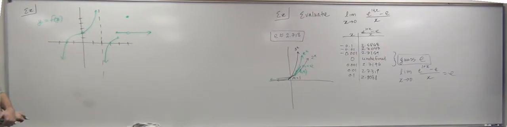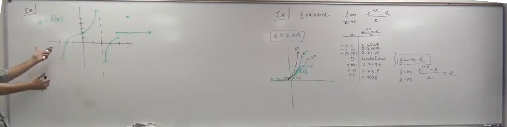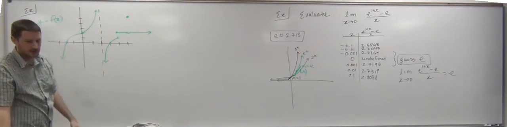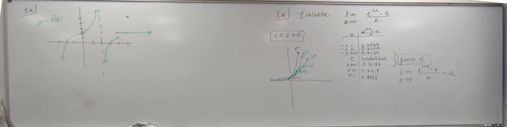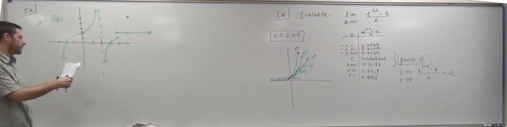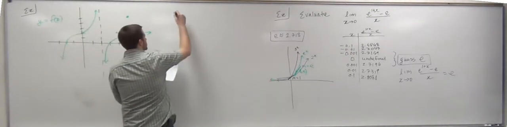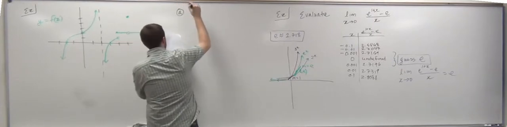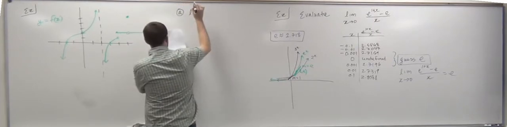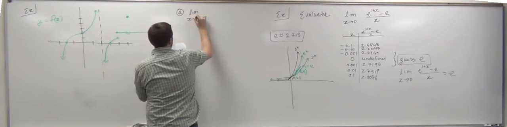So I just made this up. But I have a bunch of questions, right? This is a typical kind of problem to help see if you understand limits. So I make up a function and I ask you a bunch of questions about limits. So let's do the limit as x goes to 0 of f of x.